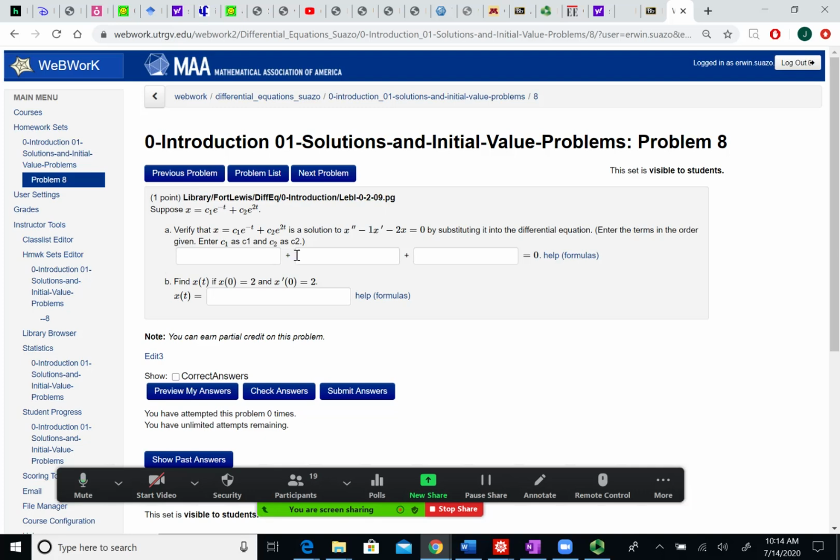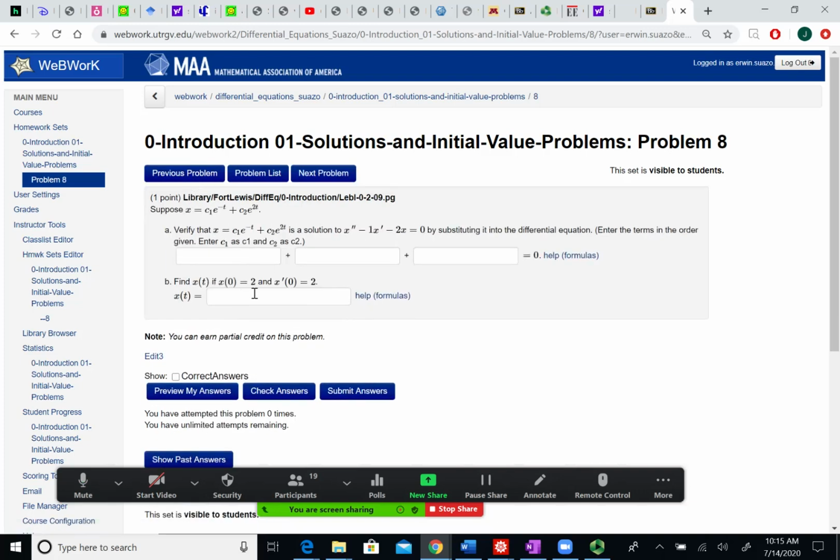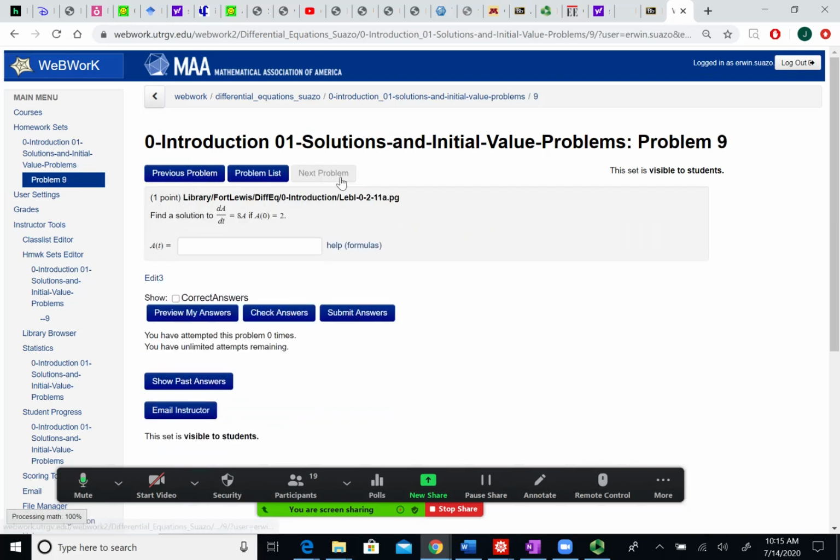I think this is similar to what we did. I made a video of one of these problems yesterday, so please check. Somebody asked me about this problem. Yeah, I think it was that problem. This problem was similar. So the last one.